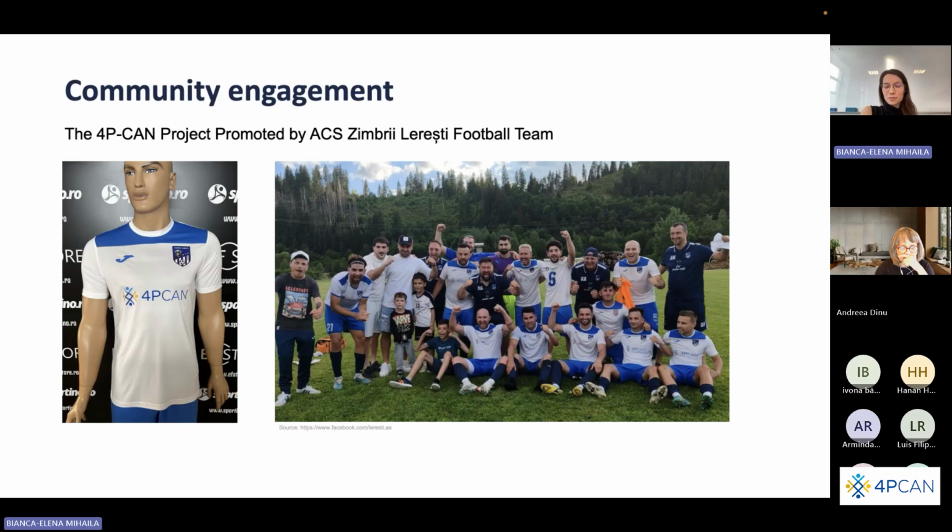For the physical activity, we had the opportunity to promote our project, the 4P-CAN project, through the Zimbri football team, their local football team, in order to enhance this idea of being physically active. So we tried to bring these pieces of advice and make them part of the community.